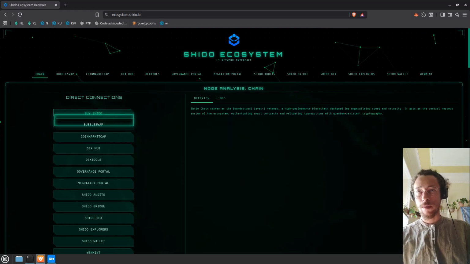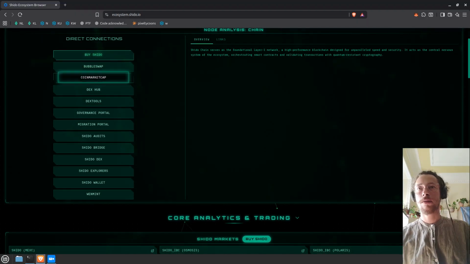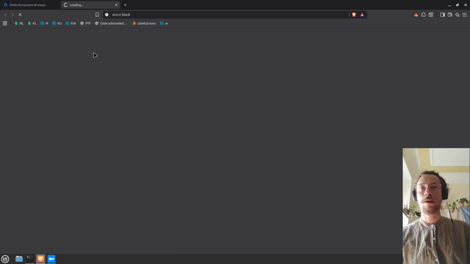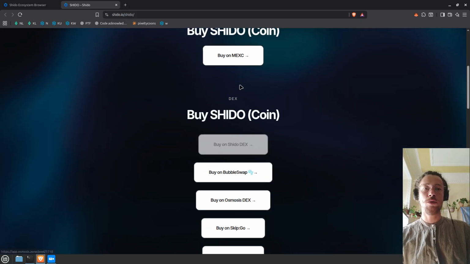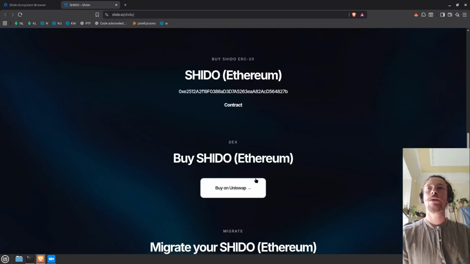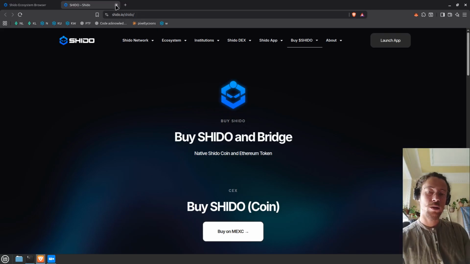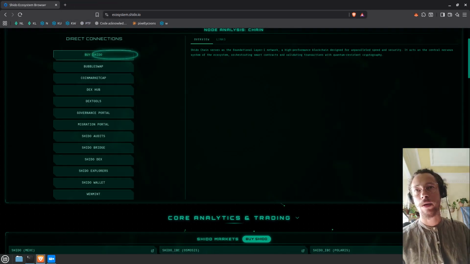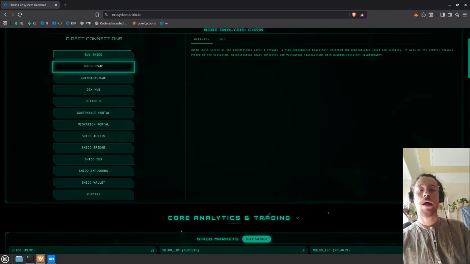For example, right here at the top you have some direct connections to buy Shido. Let's click, and this webpage shows you plenty of ways to get assets from the network. This is just one of the examples, one click, and each of those are external apps.